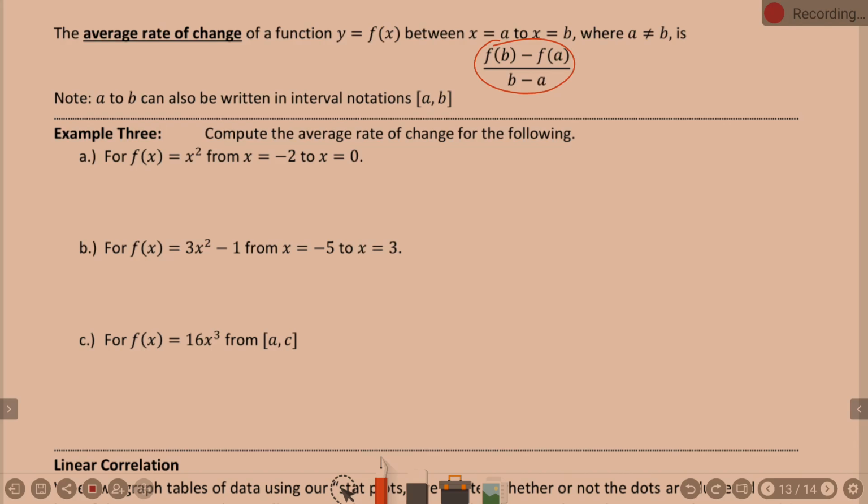So, example 3, we're going to practice with some of these. The catch is you may or may not always have numbers to work with. But we're being asked to compute the average rate of change. On example A, they give us the function f of x equals x squared, and they're asking us to do this on the interval from x equals negative 2 to x equals 0. X equals negative 2 and x equals 0 are what kind of values?